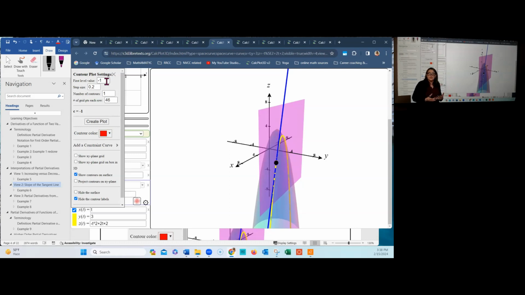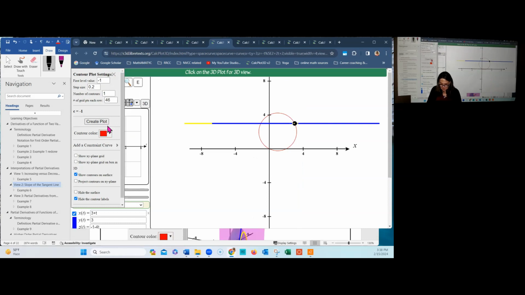Our ordered triple is 3, 3, -1, so I set the first level value to be -1. I'm really only interested in what happens right there, so I just tell it I want one contour plot, and then I can click on Create Plot, and it's going to plot a red level curve.